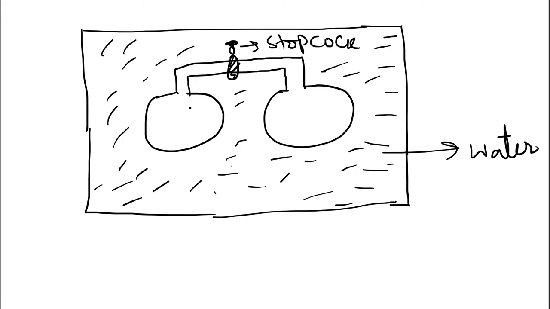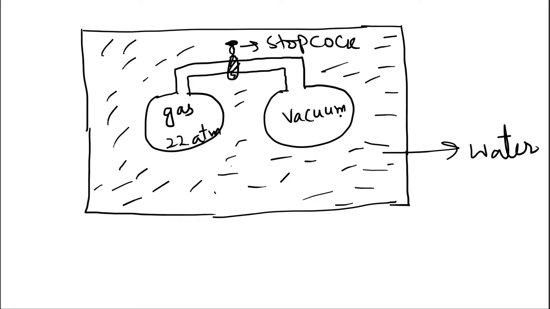In one vessel, he placed a gas which is at 22 atmospheres. In the other copper vessel, it is vacuum. So no heat is going inside, no heat is coming outside.